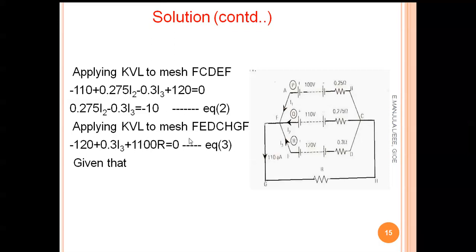Now applying KVL to the mesh F, E, D, C, H, G, F. Okay, so this is a loop like this.